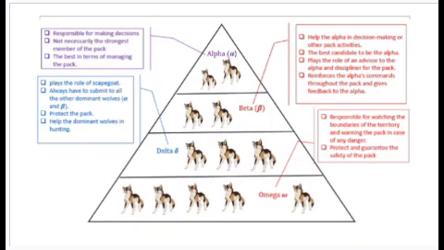Finally, the omega plays the role of a scapegoat but also helps in maintaining the balance of the pack. In Grey Wolf optimization, the alpha, beta, and delta are represented as the top best solutions, and the rest of the wolves follow these during the search process. Now, let's move on to the mathematical model of Grey Wolf optimization technique.